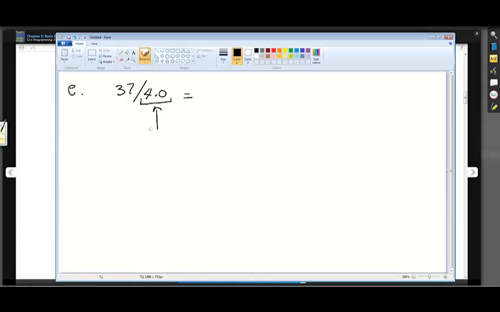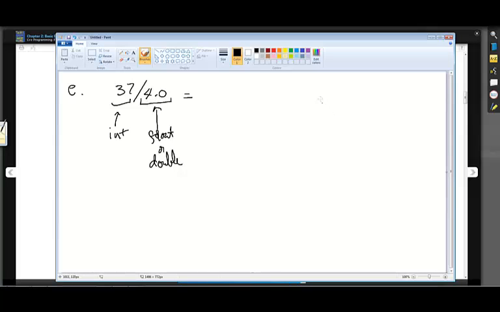It could be a float or a double, right? So the answer will most likely need to be some sort of decimal, because 37 is an int. So I'm going to write float or double as the data type. Float or double has a decimal. That's how I know.